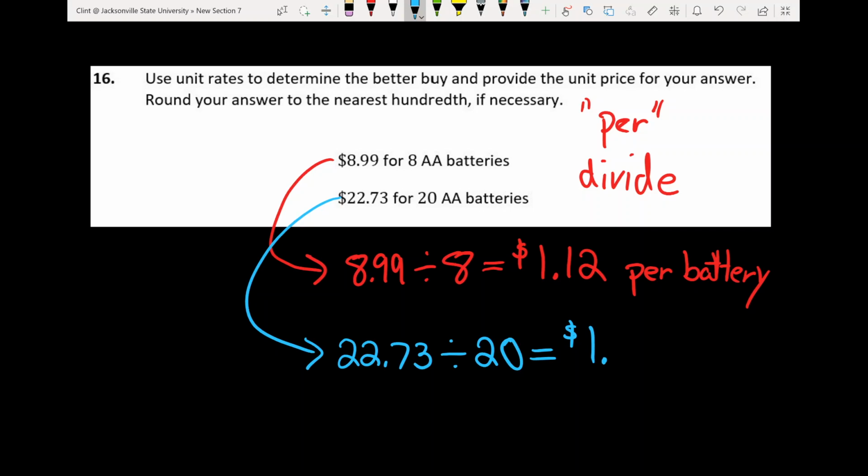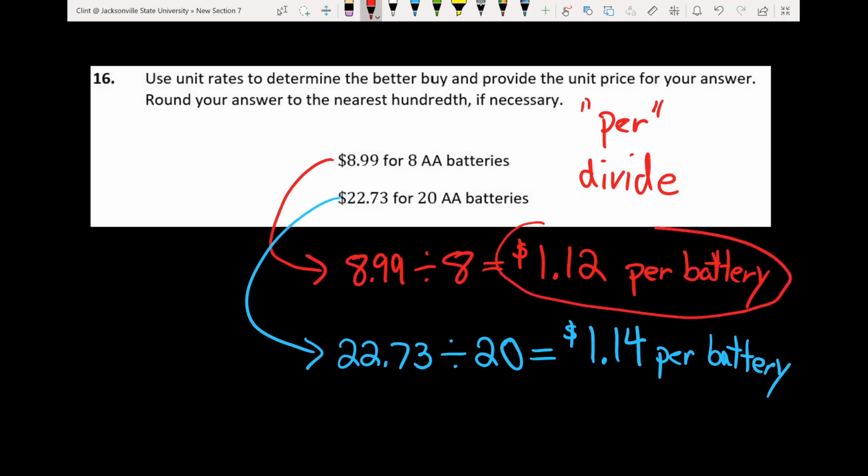So if we round that to 2 decimal places, that 6 makes our 3 round up. So we get $1.14 per battery. Okay, so which one's cheaper per battery? Well, the red one is. So our answer would be $1.12 per battery, and the best deal is $8.99 for 8 AA batteries.